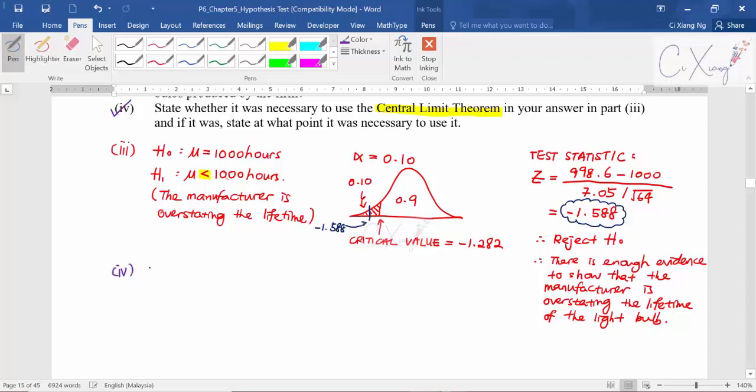Yes, you can write, yes, you apply the central limit theorem. The population distribution is unknown. So when are you using the central limit theorem?